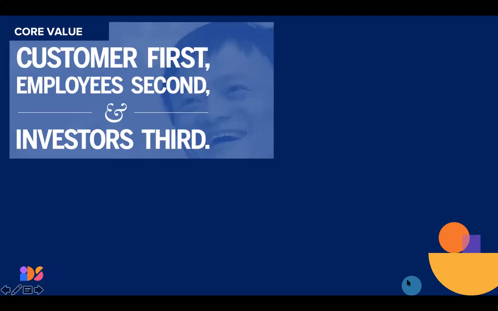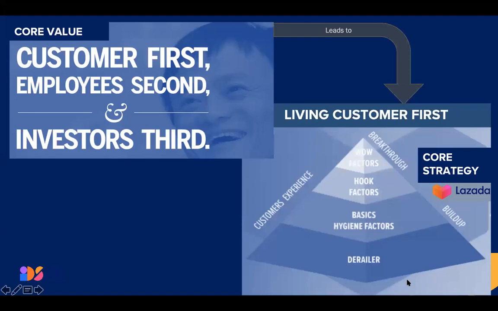And we live by it, leading to one of our core strategies, which is about living customer first. So what does living customer first mean? To understand what the customer needs. This is led by our customer care team, which is within Lazada, just different from the product team, but we all live by it.